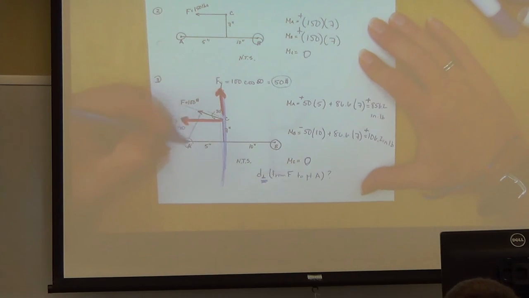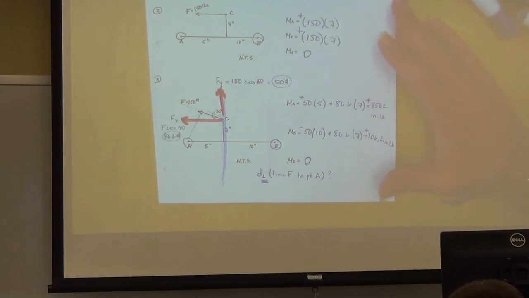Had we known the perpendicular distance, we would have been able to find the moment. But to make it easier, we broke it up into x and y forces and found the moment. I now want to know what that perpendicular distance is. So talk to the person next to you. How would you calculate the perpendicular distance?